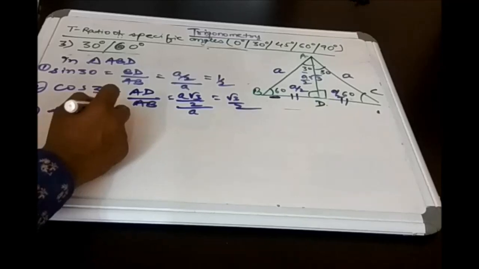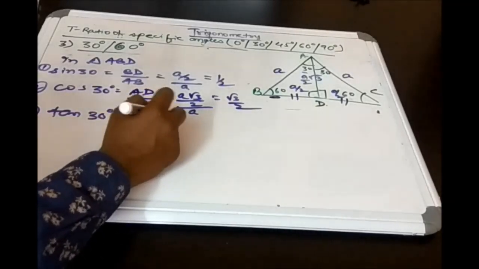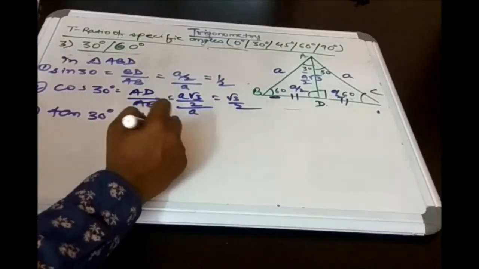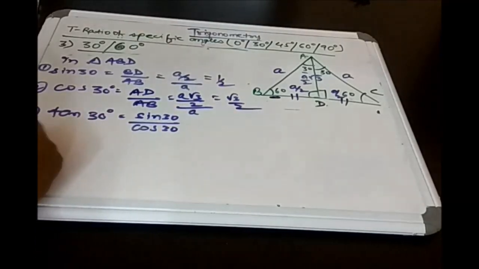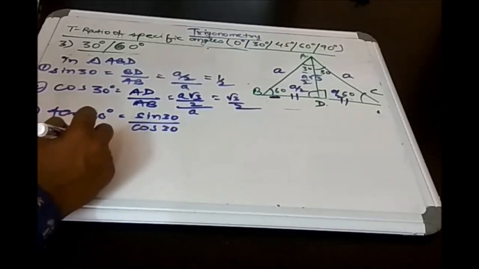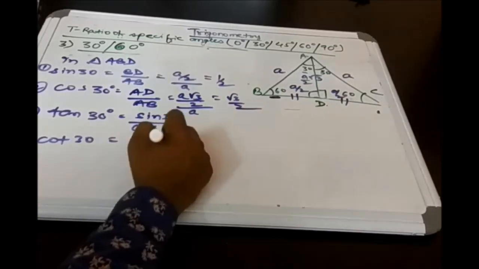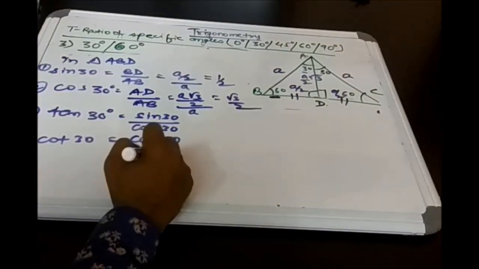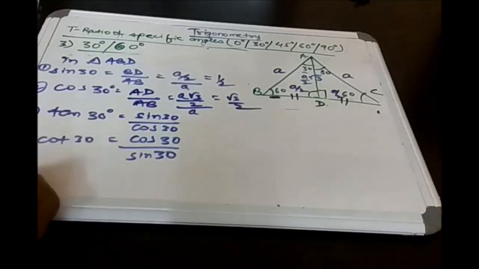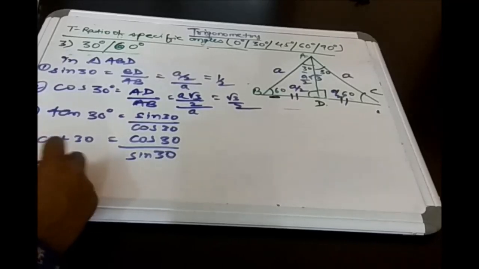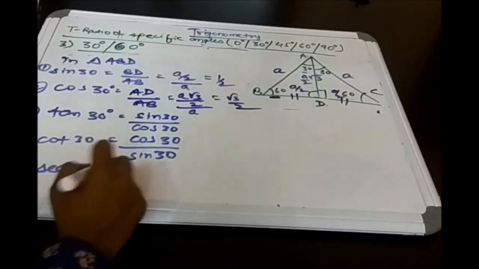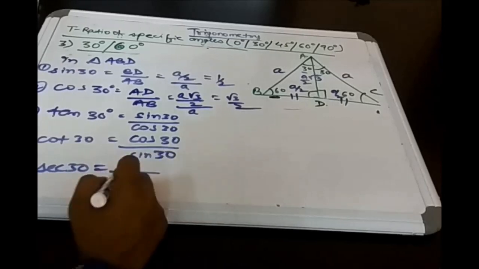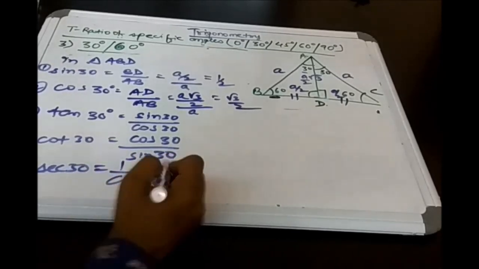What is the value of tan 30? Tan 30 will be sine 30 by cos 30. Cot 30 will be cos 30 by sine 30. Sec 30 will be 1 by cos 30.